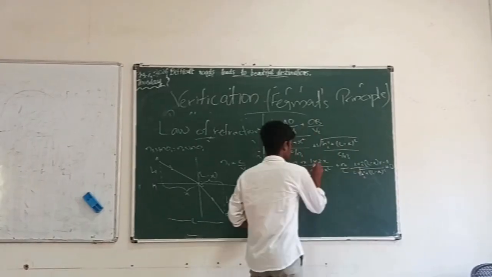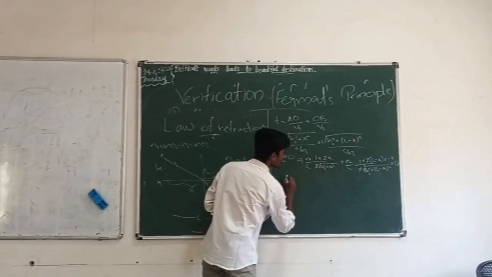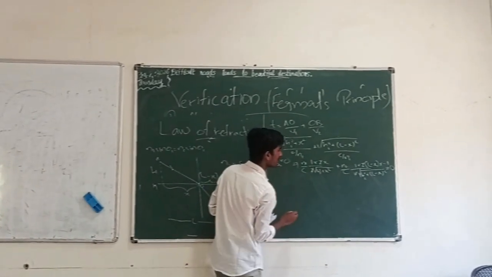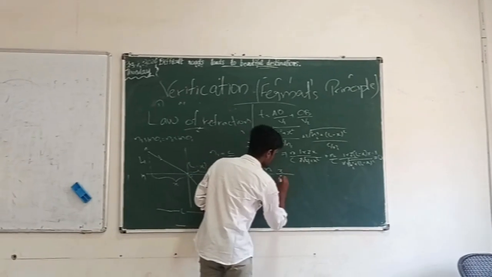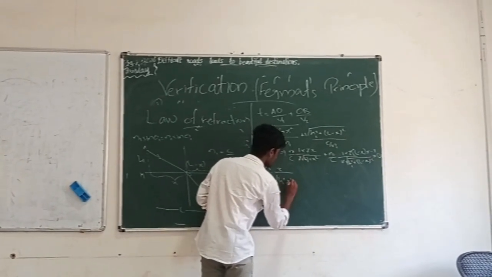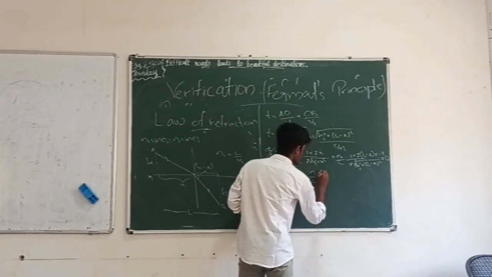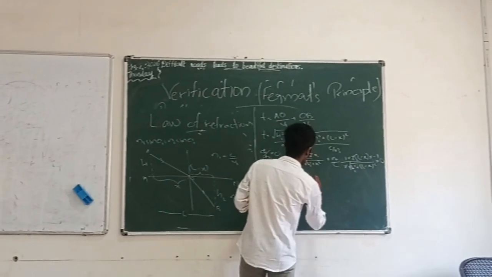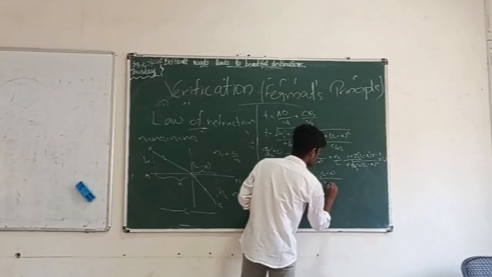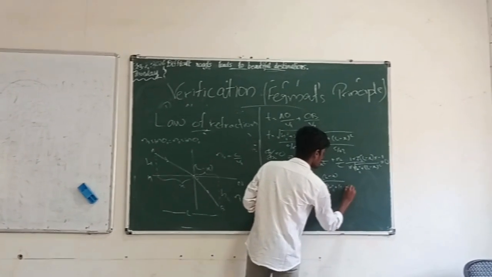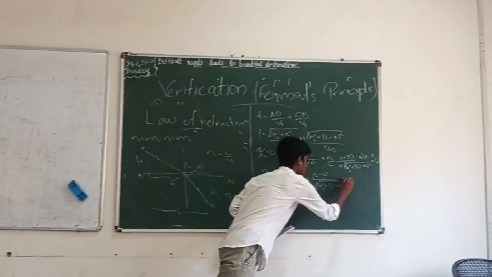Now 2 cancels with 2. Then we can rewrite this as n1 by c x by root of h1 square plus x square minus n2 by c L minus x by root of h2 square plus L minus x whole square. This minus 1 will equal to 0.